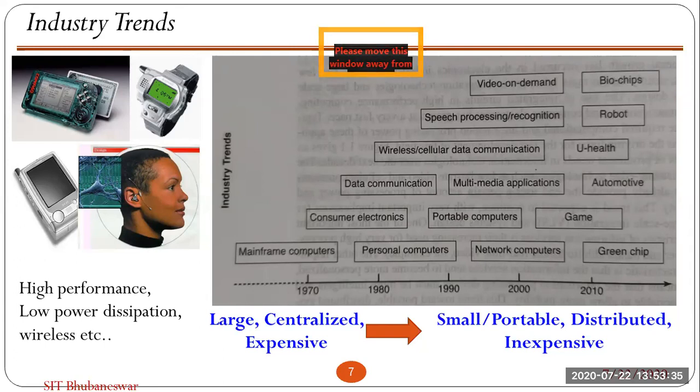Then robots. Now everything is being done by robots. So this is the robot market now, and a lot of VLSI chips are used for that. Everything is programmed in that chip. And then video on demand. Now with set-top box systems, you can demand your film or any video and get it by paying. Then biochips, with a lot of biosensors inside the chip.